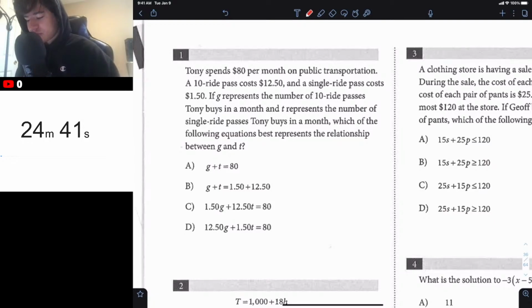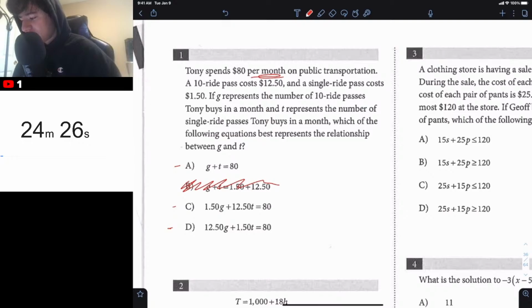All right. So I know that the total amount spent in 1 month is going to equal $80. So this one's out because I don't see an $80 there, but these guys are still in, because they all equal 80.